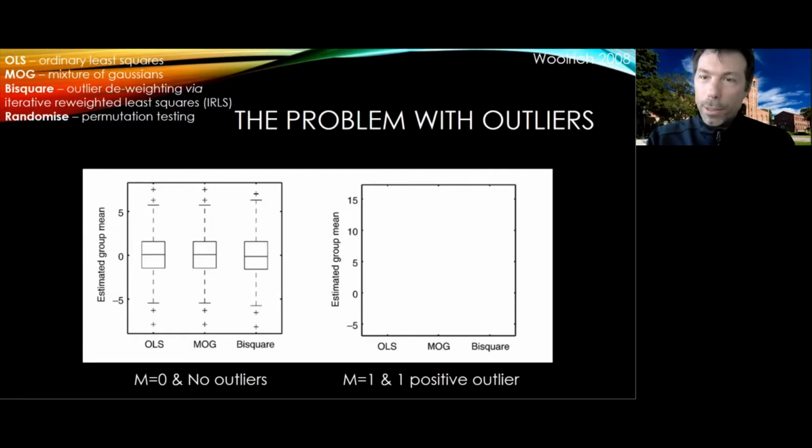Then they also looked at what is known as the bi-square approach. A bi-square approach is an iterative approach. Essentially, it's a form of iterative weighted least squares, where you run a regression, and then you look into the data, and what you do is you downweight the observations that have very large errors.